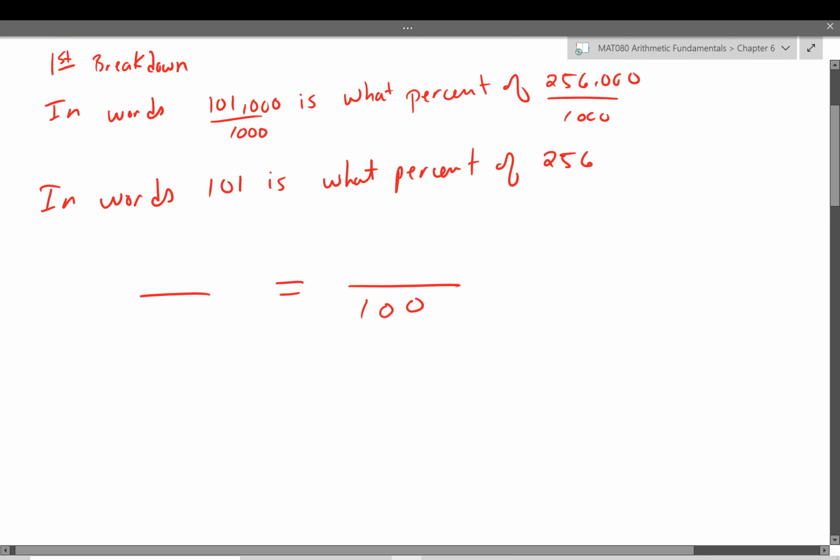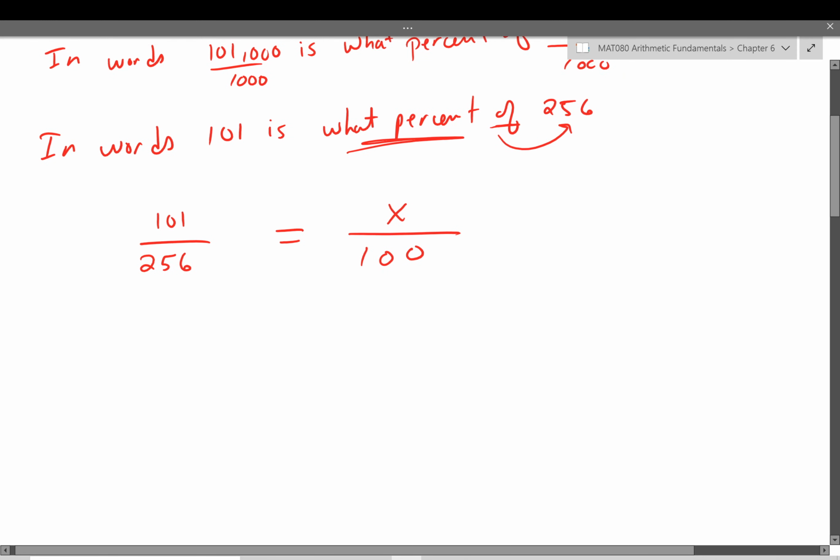Okay? So, right here, we have our percent proportion. Here's the word of. The number comes after, it goes on the lower left-hand corner. What percent? Well, we don't know. That's going to be x. And then 101 is going to be up top in the left-hand side. So now all we have to do is cross multiply. We get 101 times 100 equals 256x.